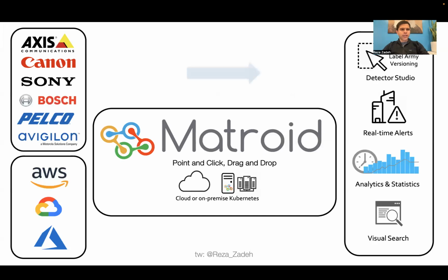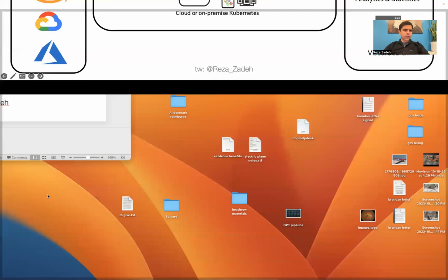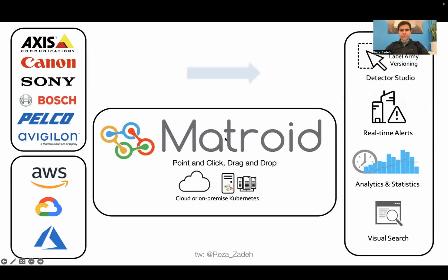So Matroid is a point-and-click tool that allows the ingest of images and video from a variety of different places, including medical imaging devices, as well as live videos from a variety of video cameras. So pretty much any enterprise video camera or any enterprise source of video can be connected to Matroid.